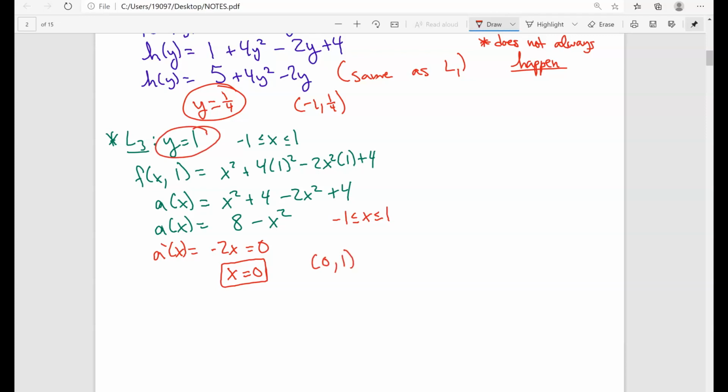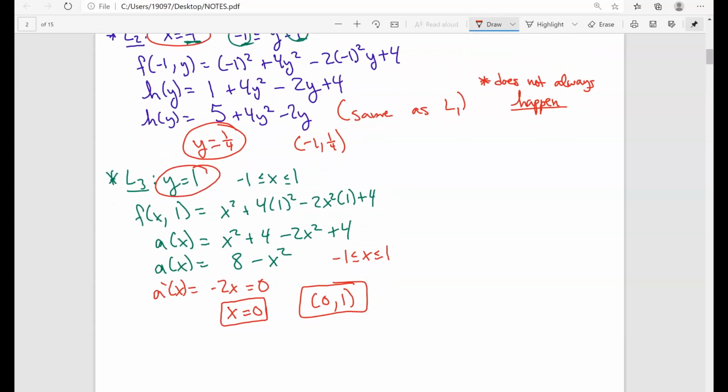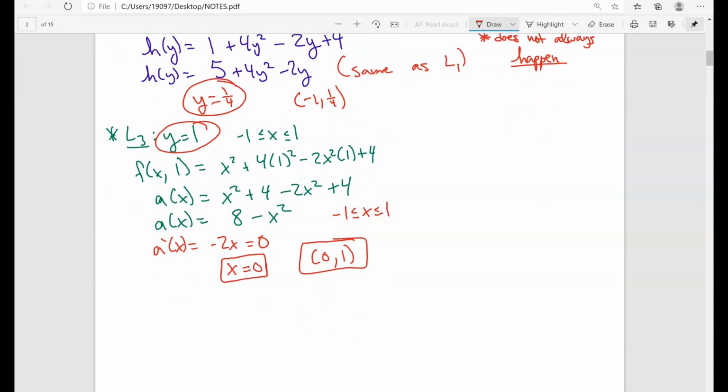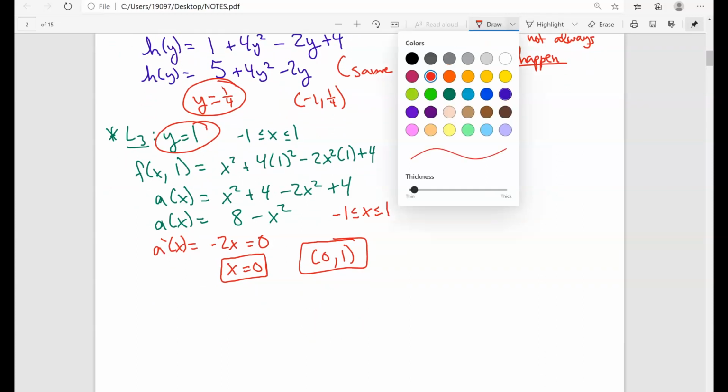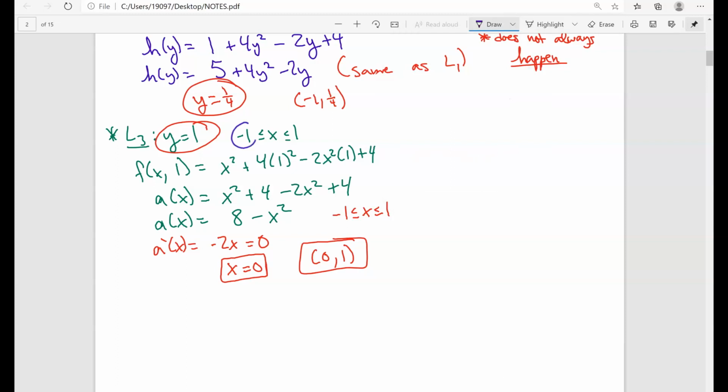Now, one of the things to note is that our endpoints here, x equals -1 and 1, occur at y equals 1, but these numbers we already have.